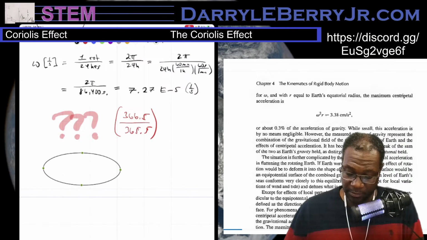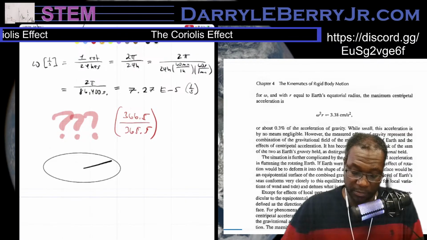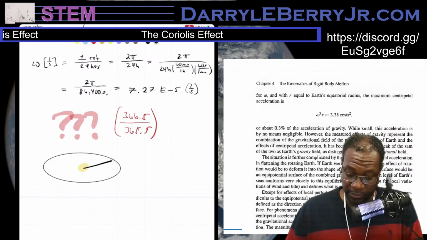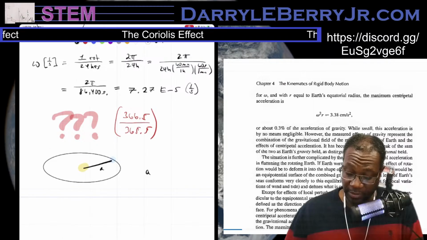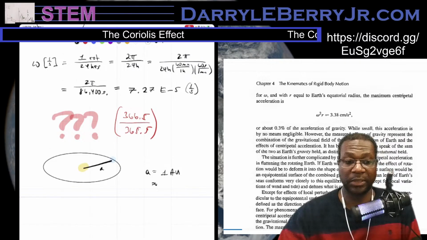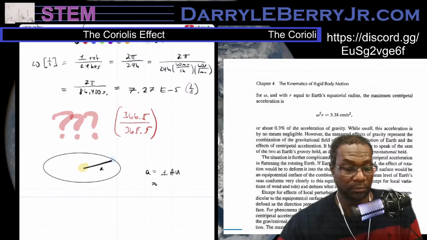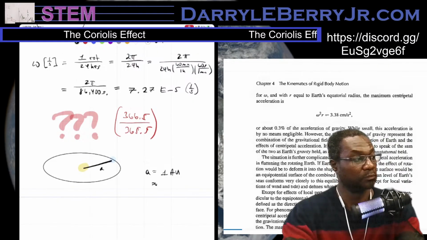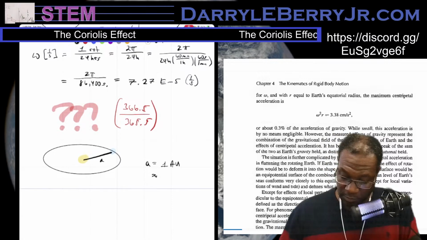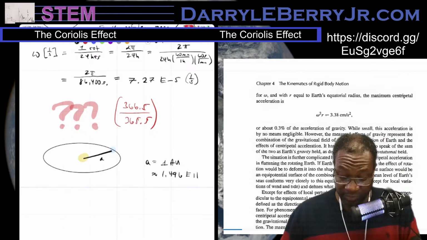The sun is here, the Earth is here, and A is 1 AU on average, which is roughly 1.5 e to the 11 meters.